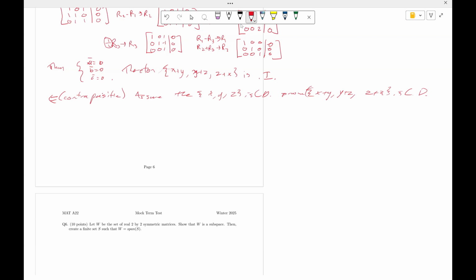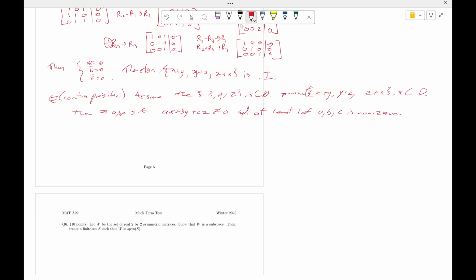Okay. With this assumption that x, y, z is dependent, then there exist a, b, and c such that ax plus by plus cz equals 0, and at least one of a, b, and c is non-zero.